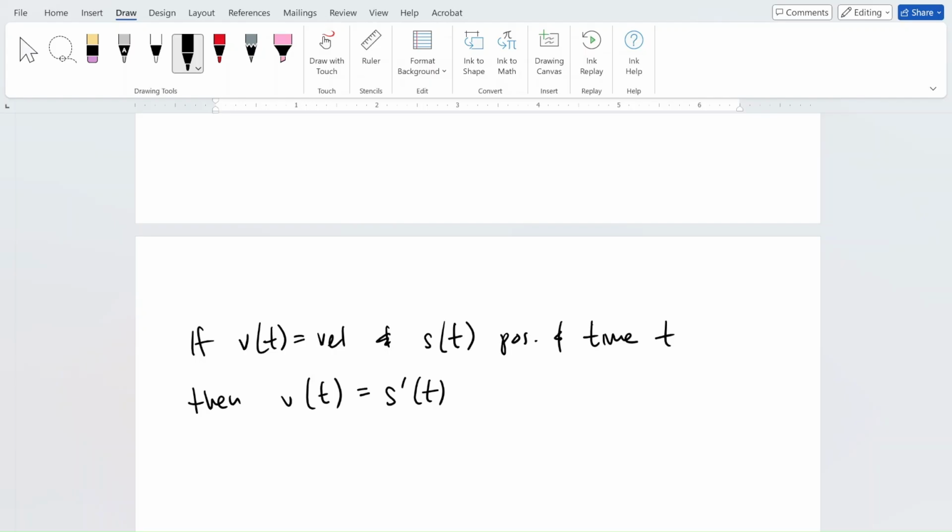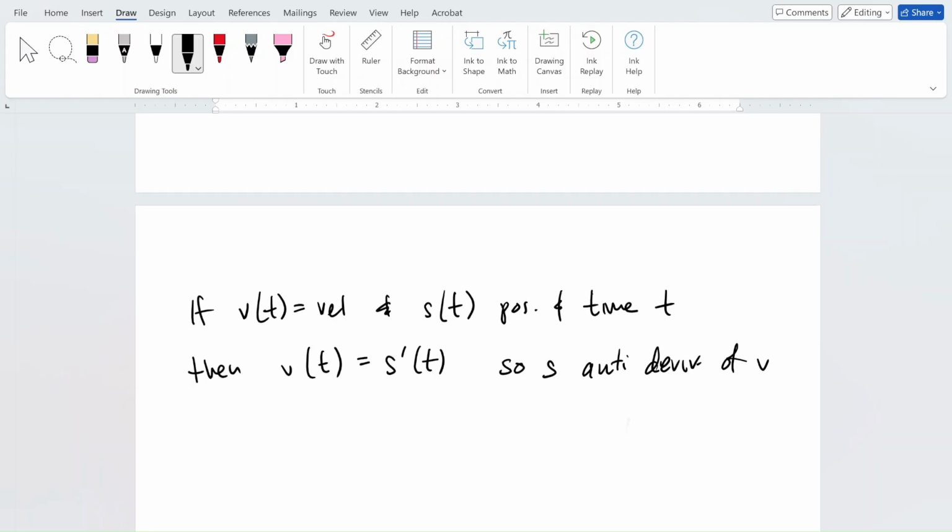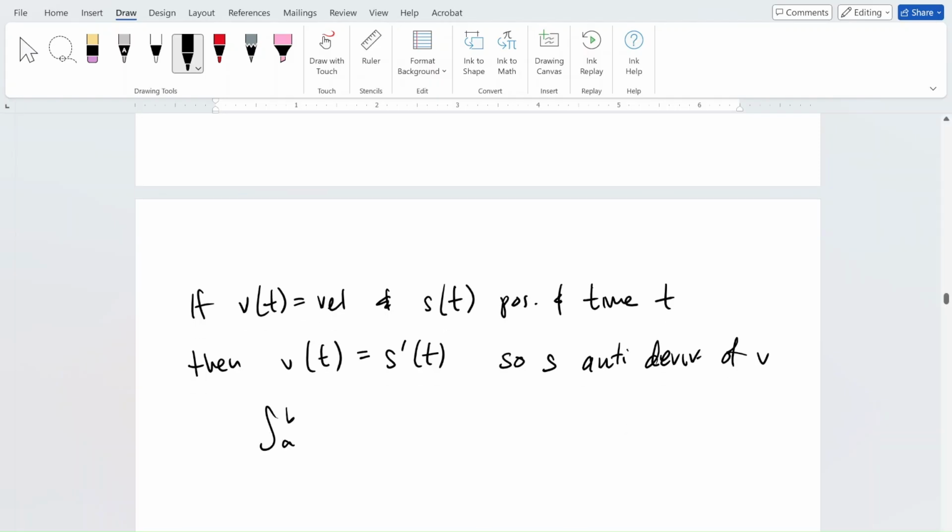So if you want to think in a different sense, we can see that s is the antiderivative of v. And so when I write the integral from a to b of v of t dt, if I'm taking that integral or the area under the curve for your velocity function, that is just taking the antiderivative of v, which is s, plugging in your upper limit b and subtracting it from the antiderivative of v, which is s, and the lower limit a being plugged in.